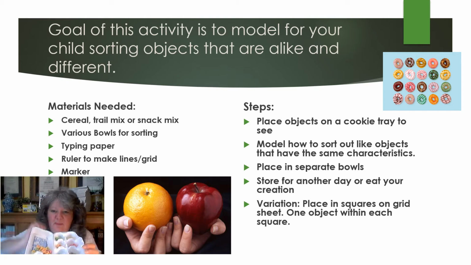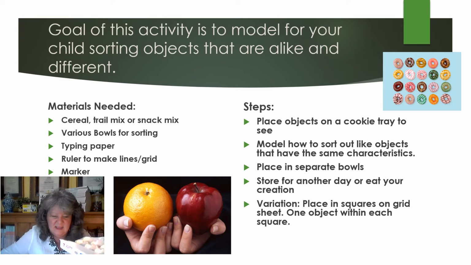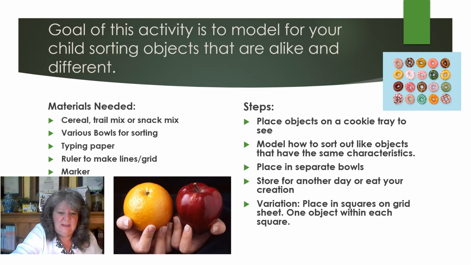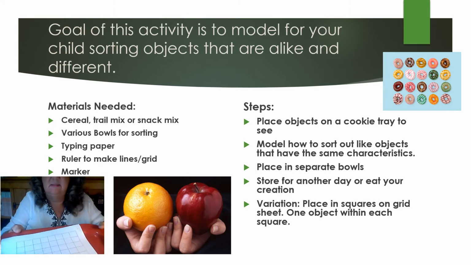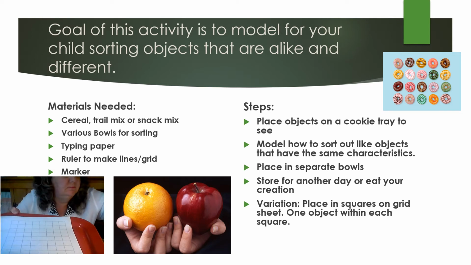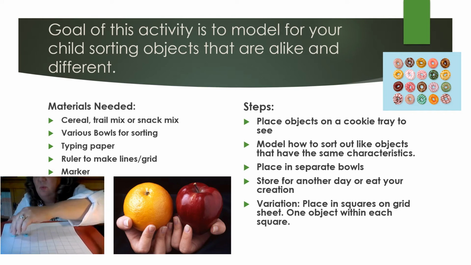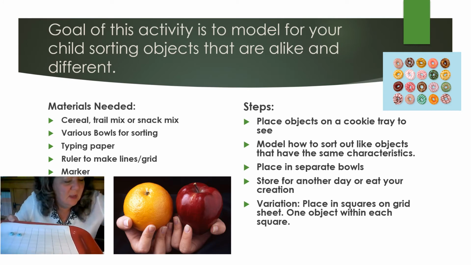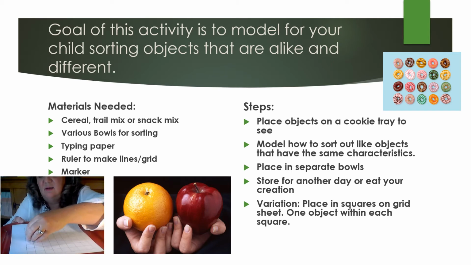Once you have those separated, next you're going to use your grid paper, and you can have your child line up the various Fruit Loops in the line depending on how many they have. For example, the blue one, we don't have very many, but the orange one, we have quite a few more.